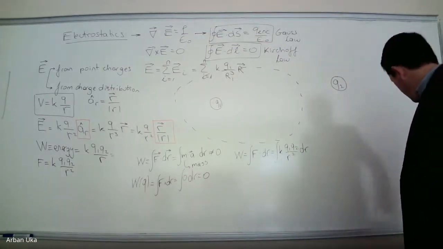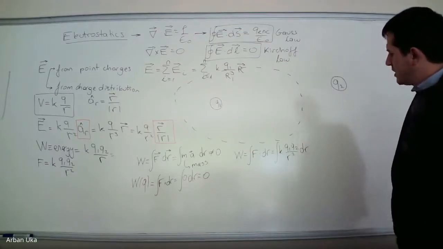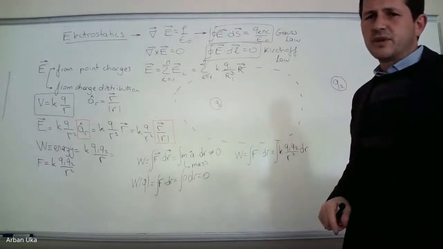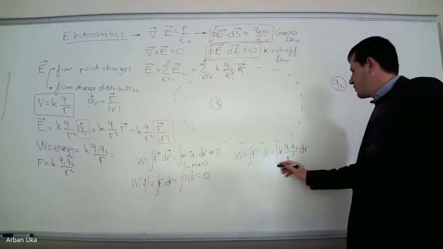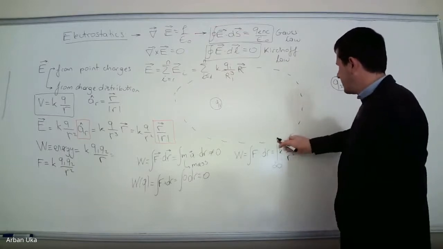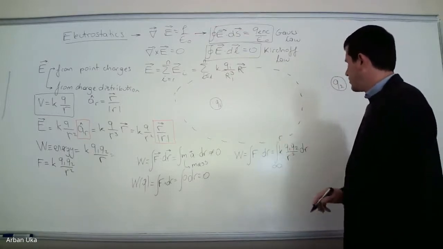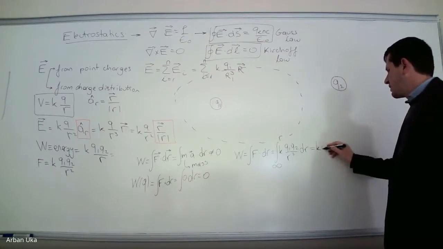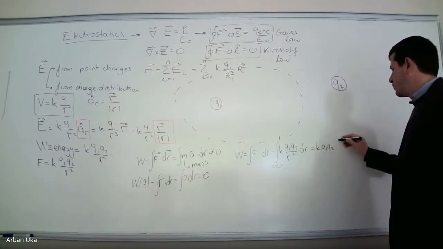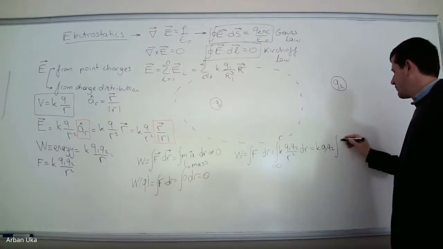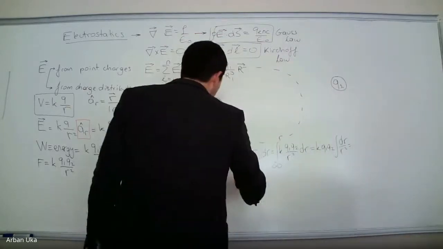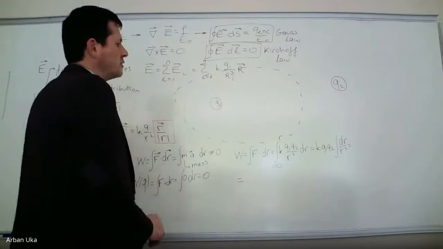But let's imagine for a moment that we are bringing this charge from infinity, okay, from very far away. So this is infinity down to radius r. So if we integrate these together, what do we get? We get K Q1 Q2 integral of dr over r squared. And what is the integral of r to the power minus 2?